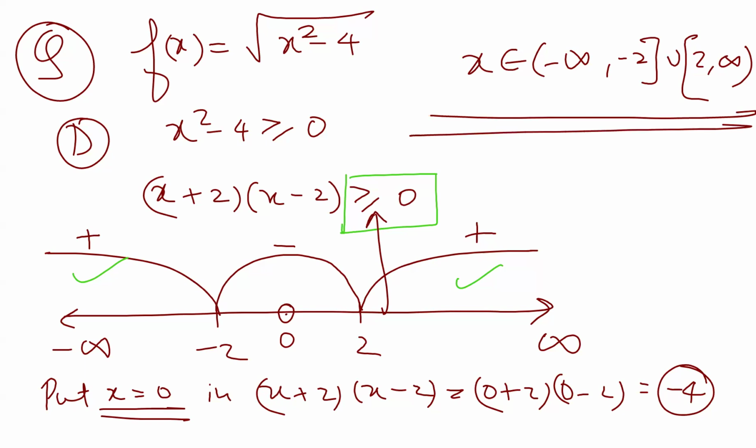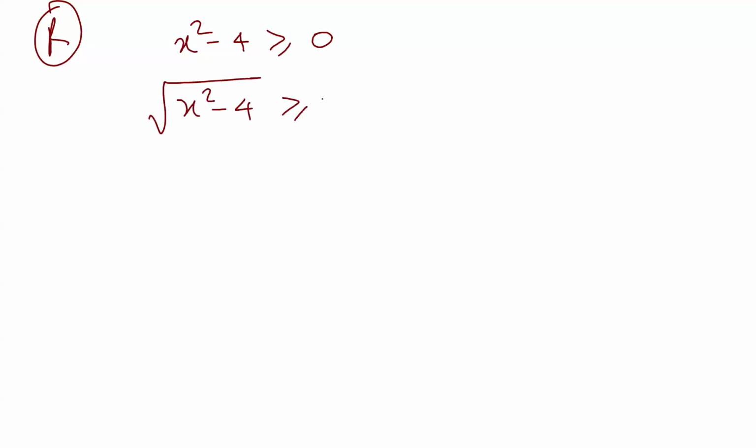Let us discuss the range. Now x square minus 4 is greater than or equal to 0, right? This we have already seen in the domain. Now square root of x square minus 4. Remember our discussion: in this particular chapter, while finding the domain and range, do not consider the square root as negative.